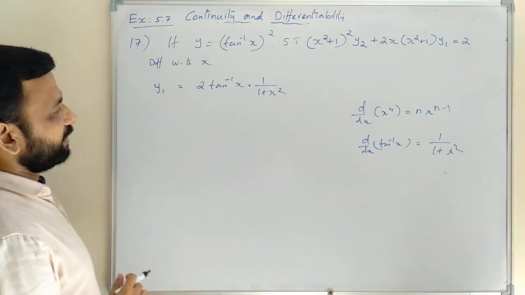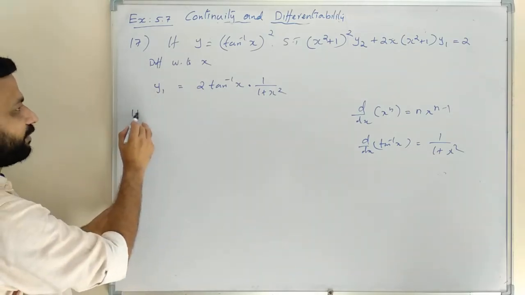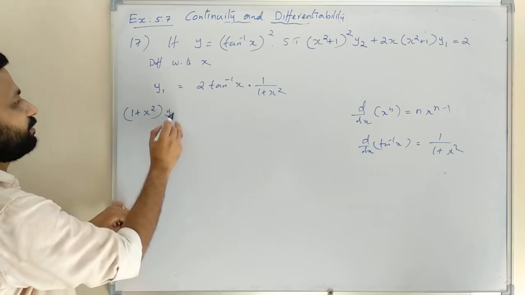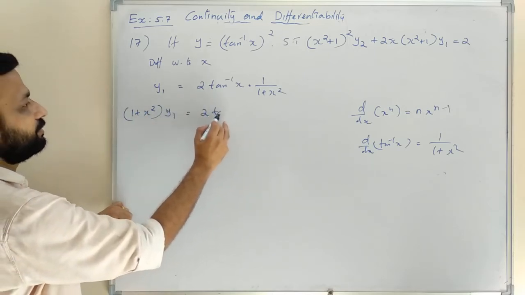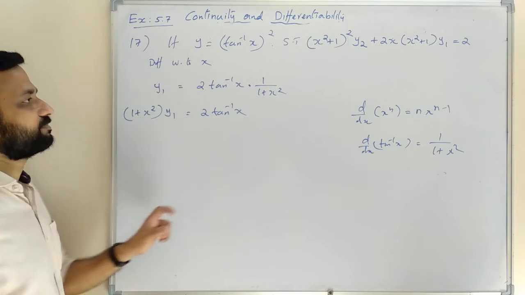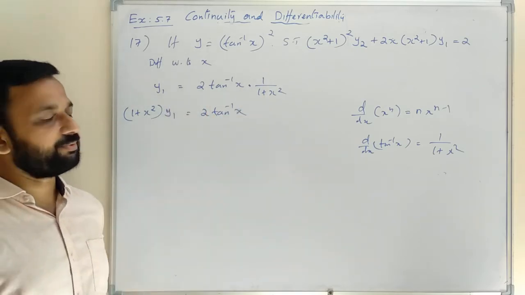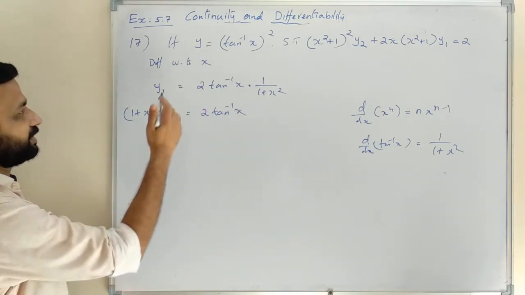Now we can cross multiply this one. 1 plus x square into y1 is equal to 2 tan inverse x. Again we can differentiate with respect to x.